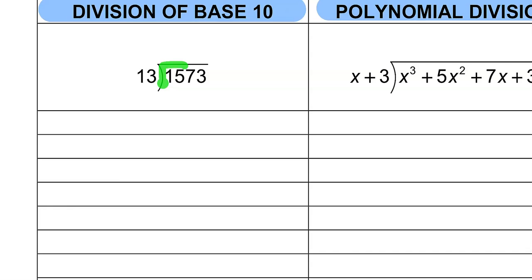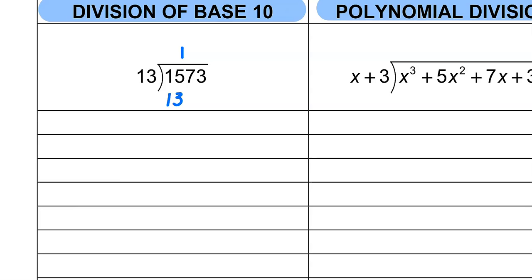So then you would say, well, how many times does 13 go into 15? One time, and you would write that usually above the 5. And then you would multiply that times the 1 and the 3. Usually we just say 1 times 13, but we are multiplying it by both, and so 1 times 3 is 3, 1 times 1 is 1.